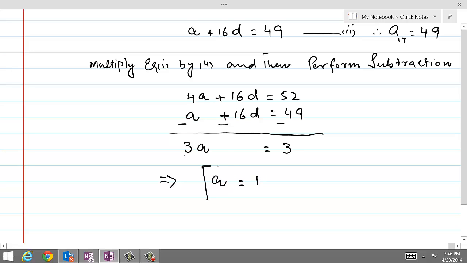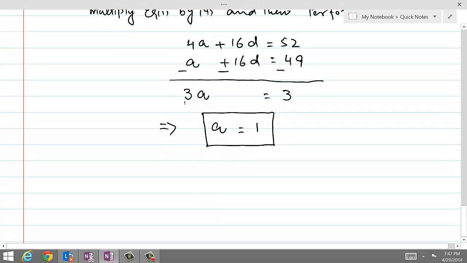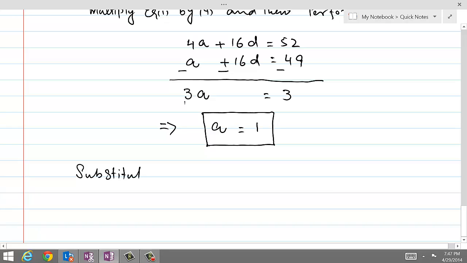So we have found the value for the first term, A, that is equal to 1. Substituting this value in equation 1, A is equal to 1.